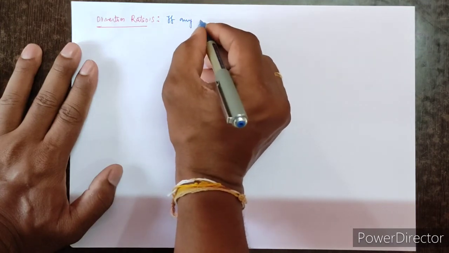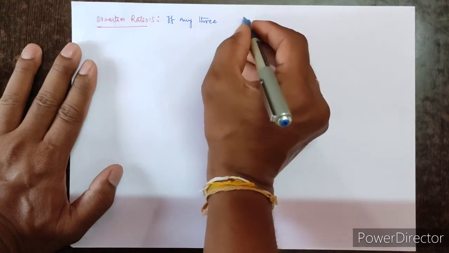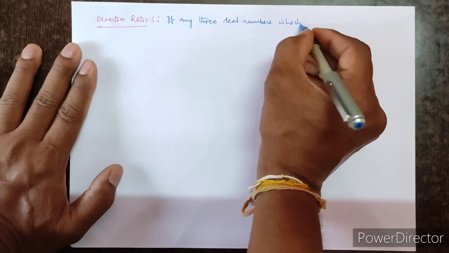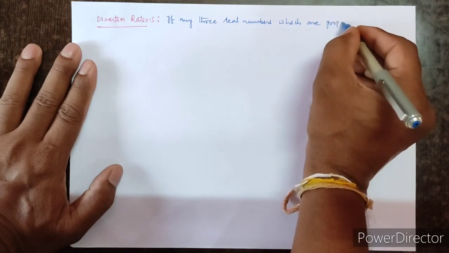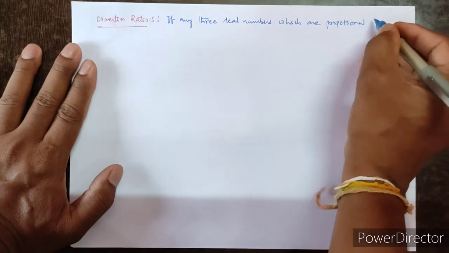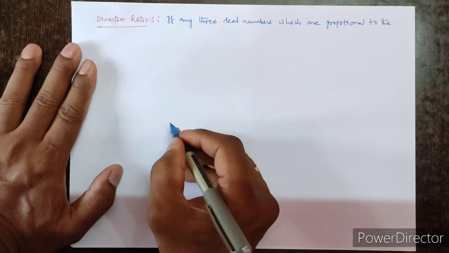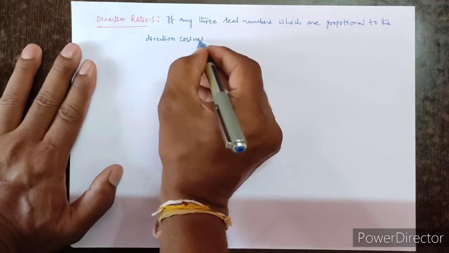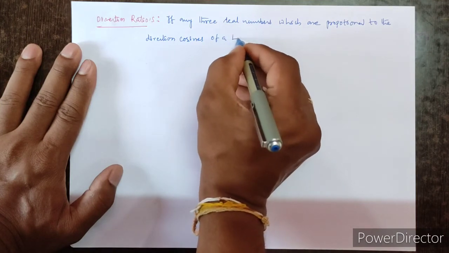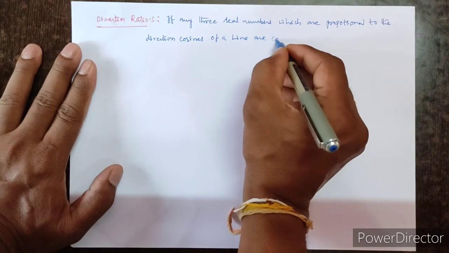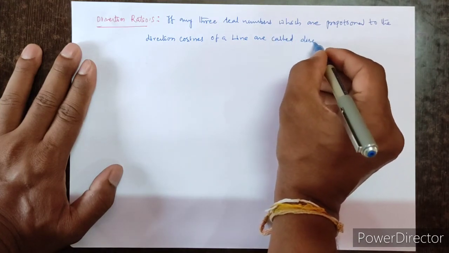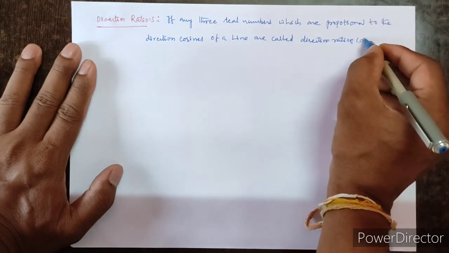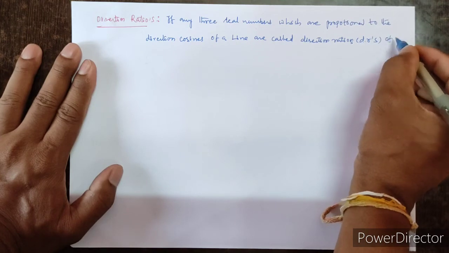Any three real numbers which are proportional to the direction cosines of a line are called direction ratios, DRs, of that line.